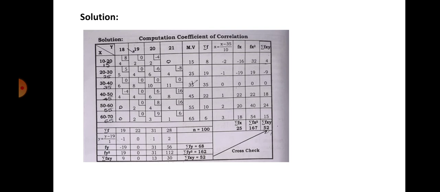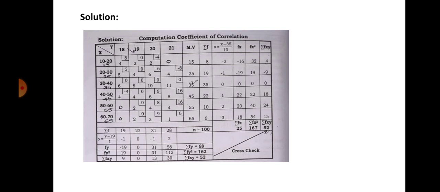Now fxy, how to find fxy? Each cell has a value, which is there in the circle, square. How have we got 8? You just see the first frequency, 4, f into x into y. So 4 into minus 2 into minus 1 is 8.